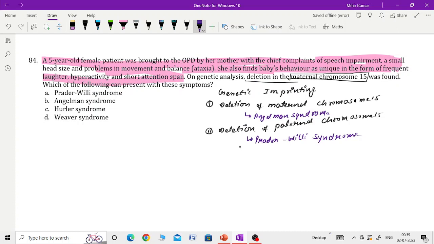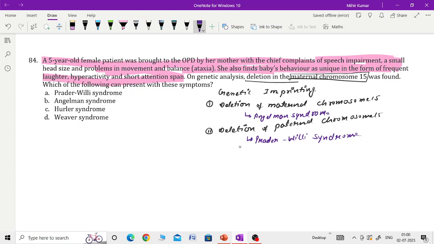And if the chromosome comes inside your body and chromosome 15 is deleted, but that chromosome 15 belongs to your maternal side, then you suffer from Angelman syndrome. And if that chromosome comes from your father and this is deleted, then you suffer from Prader-Willi syndrome.